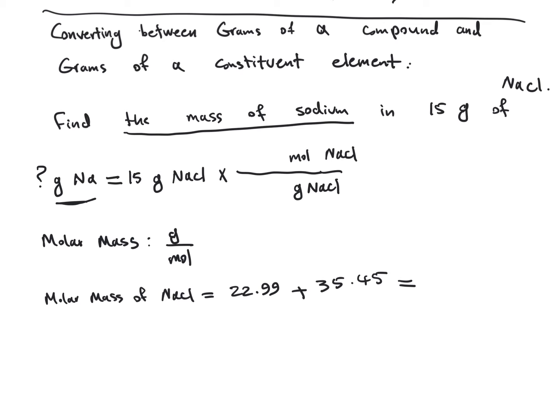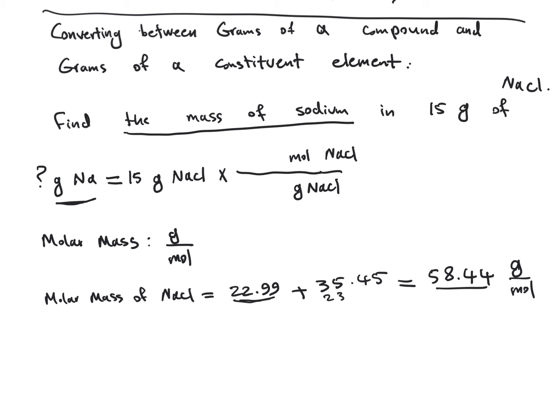Na is roughly 23, so it would be like 58.40, but here it is 0.01 less, so it would be 58.44 gram per mole. Always write your unit because it gives you valuable information.